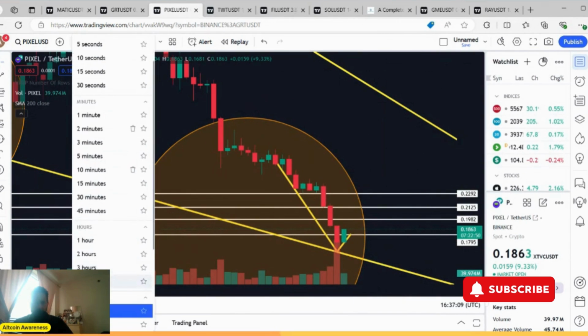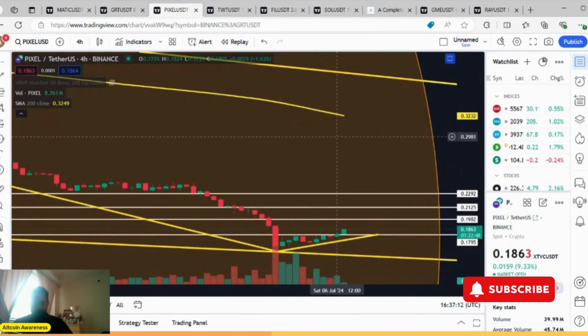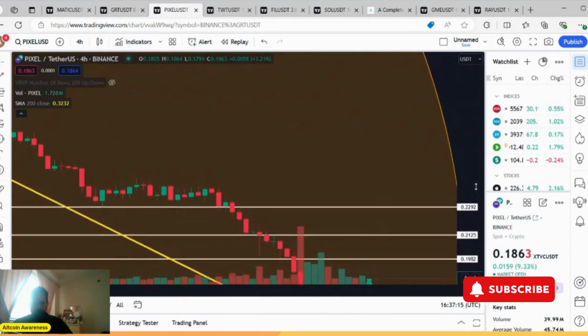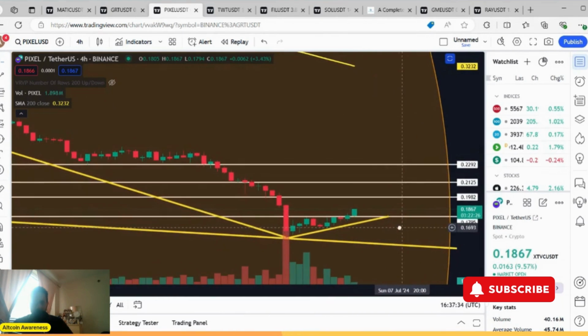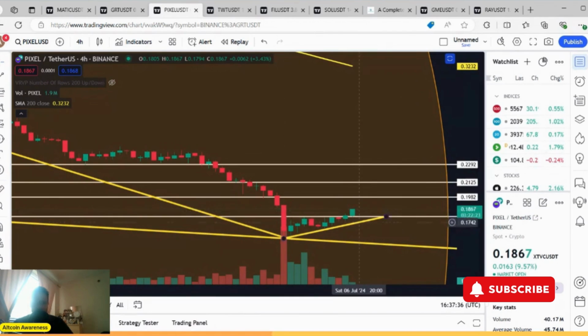Let's look at the 4-hour chart. Okay. Look at this. We're currently above this key level of resistance. If we get a retest here, that would be a nice, safe entry for you. But you can start scaling in now if you don't want to miss a bigger move.